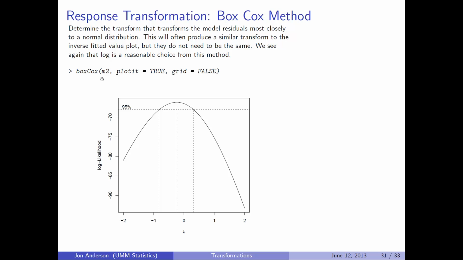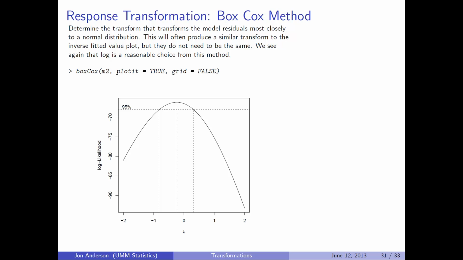You give it a basic model, estimated model input, M2, and it plots a likelihood curve and a 95% set of confidence bounds on the lambda scale for what values of lambda produce residuals that are the most normally distributed. So notice that the Box-Cox method is designed to catch and induce normality and bell-shaped patterns in the residuals.